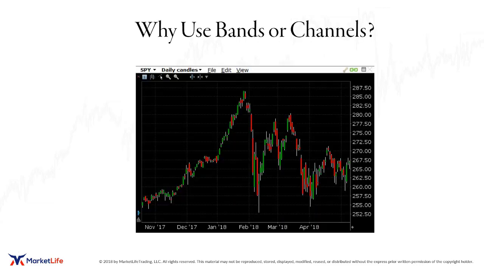So why would we even use bands or channels at all? Well, if you look at the market data on your screen, and we already talked about building the chart up from the data flow, now we have divided the chart into time periods, and we can see that it's kind of going up and kind of going down in places, but can we say anything else about the market?